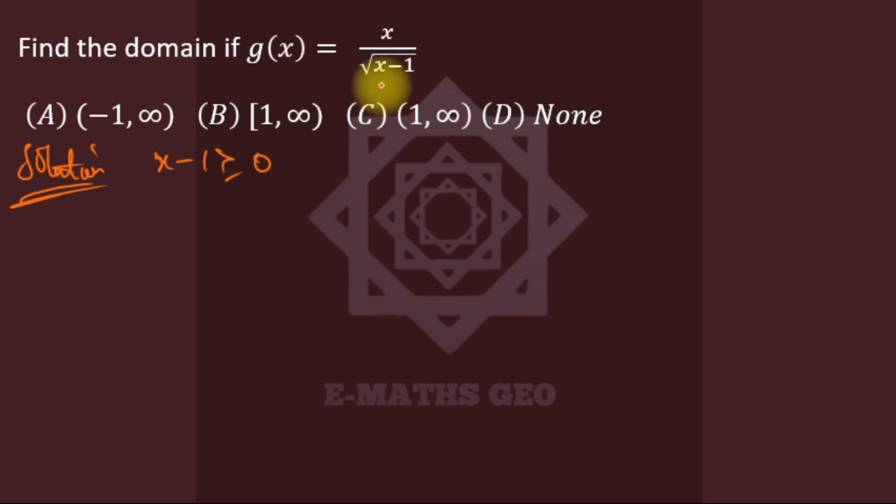But the denominator could not be 0, so it should be only greater than. So x must be greater than 1. The domain in interval notation is from 1 to infinity without including 1. So the answer is option C.